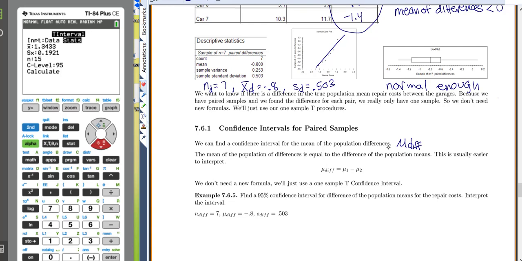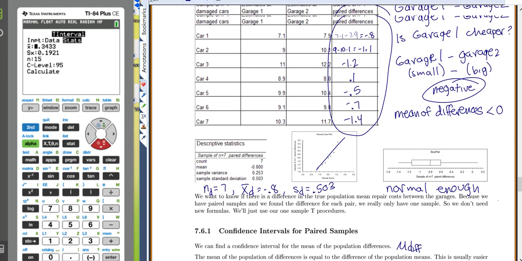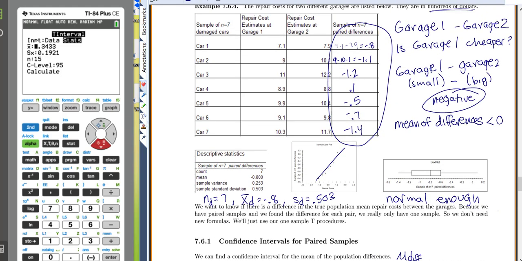The mean of the population of differences is equal to the difference in the individual population means. So what I mean by that is, if I was to find the differences like this for every single thing in the population, and I find the average of all of the differences, that's actually equal to the average of garage 1 minus the average of garage 2.